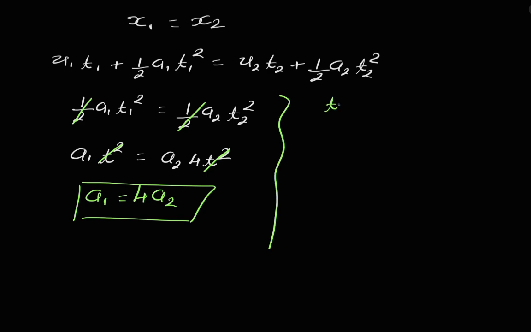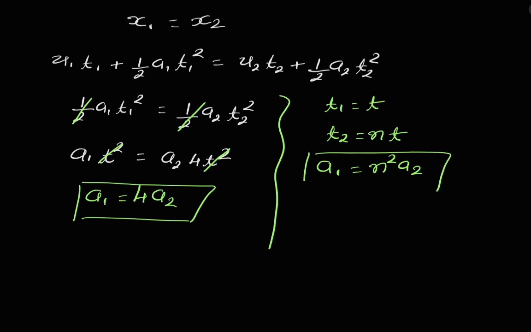Suppose t1 is t and t2 is n times t, then the acceleration on the smooth surface is n square times greater than the acceleration on the rough surface. This we can use directly.